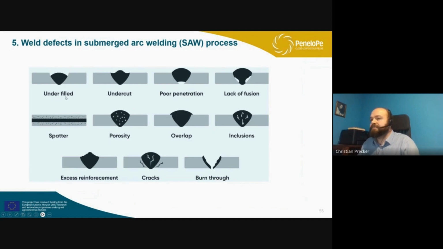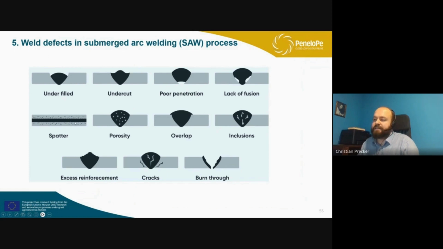And we have here a kind of defect called underfilled, because it did not reach the top part. Then we have here undercut, which has these drops on the sides. The poor penetration is when you could not reach the bottom part of the piece. Then lack of fusion, where you have parts that are not joined. The welding didn't work so fine.